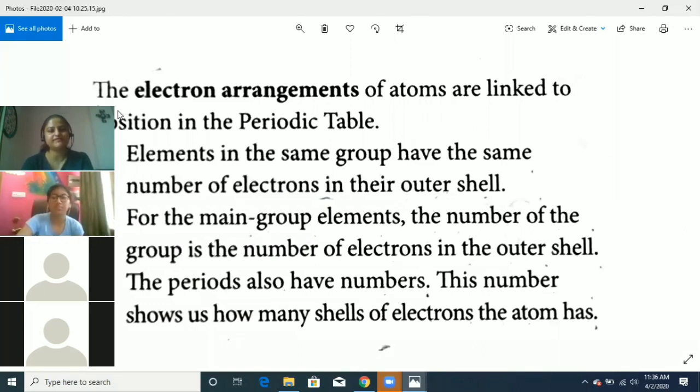Elements in the same group have the same number of electrons in the outermost shell. What do you mean by outermost shell? Outermost shell is called valence shell, and the number of electrons present in the valence shell is called valency or valence electrons. It means the elements of the same group have the same valence electrons and same valency.